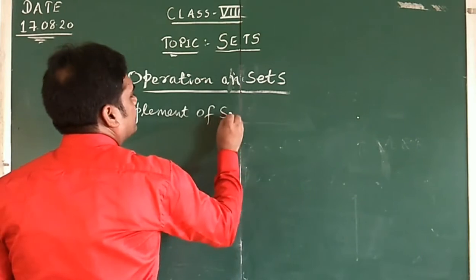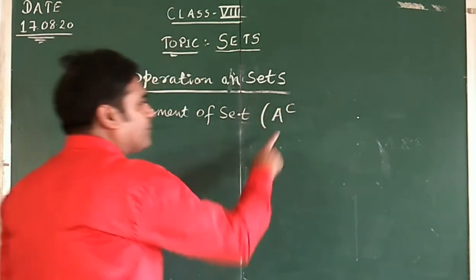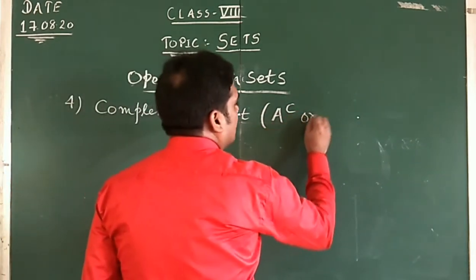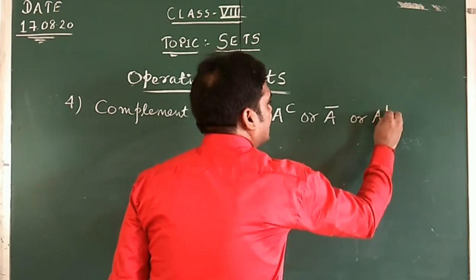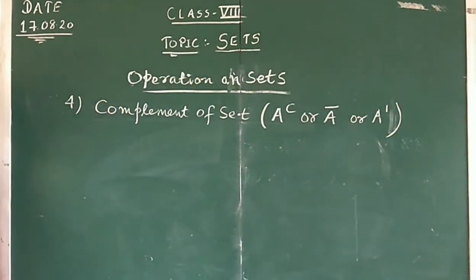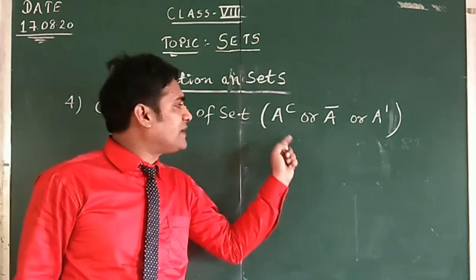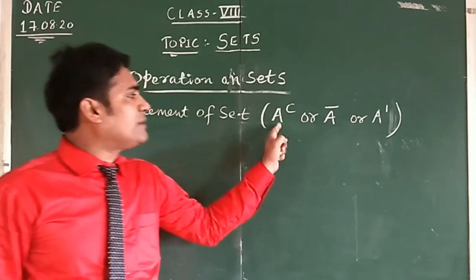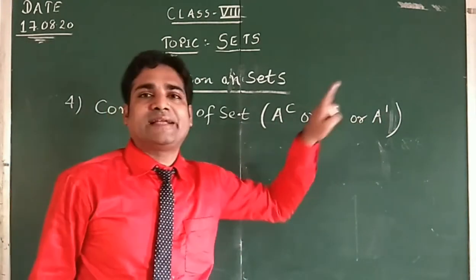There are 3 symbols we use for A complement. In different books, in some books A complement is written like this, A C, in some books A bar and A dash.